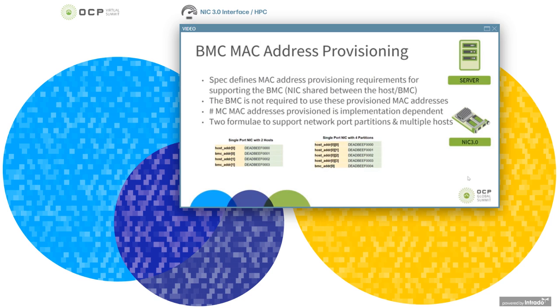The OCP NIC 3.0 spec standardizes the provisioning scheme, as well as the provisioning formula, which works across single host, multiple host, and multiple network port partition environments. Those are all defined in the spec. Now I'm going to turn over to Patrick to cover the next two features.